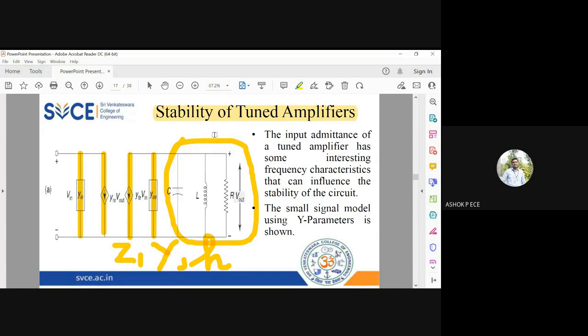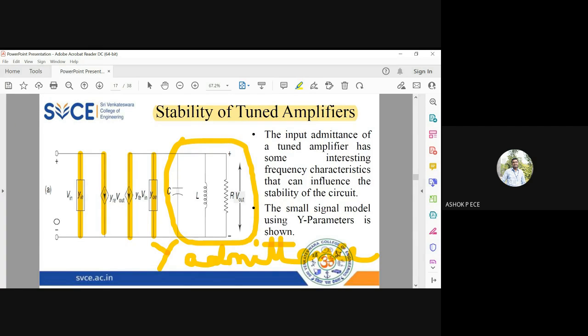So I'm going to analyze the stability of the tuned amplifier using, remember, not the H parameter, not the Z parameter, but what is called the Y parameter, or admittance parameters. Admittance means it is the inverse of your resistance.